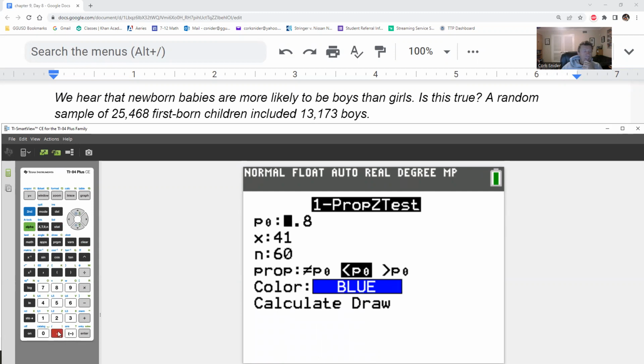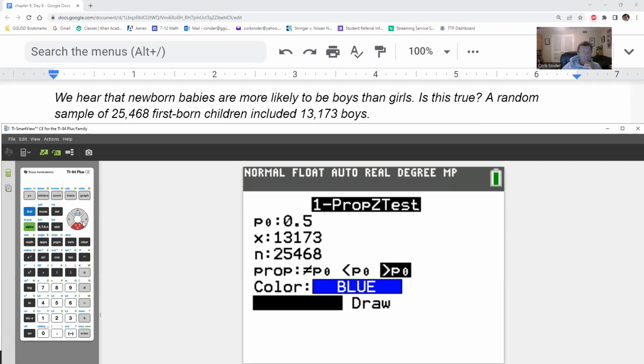Now, I'm going to try the H0 Ha, p is 0.5. Now, this is where you put X and N. So it's 13,173. And then N is 25,468. Okay. And we're wondering if boys are born slightly higher, so it's greater than.